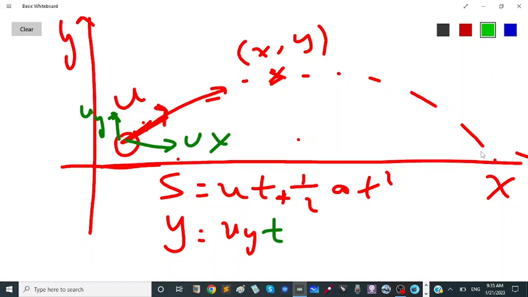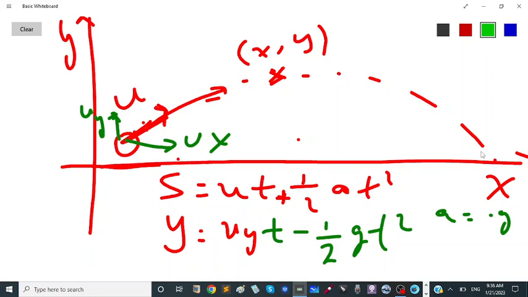Instead of acceleration a, we substitute minus g, because it is gravitational acceleration. So y is equal to uy t minus half g t square.